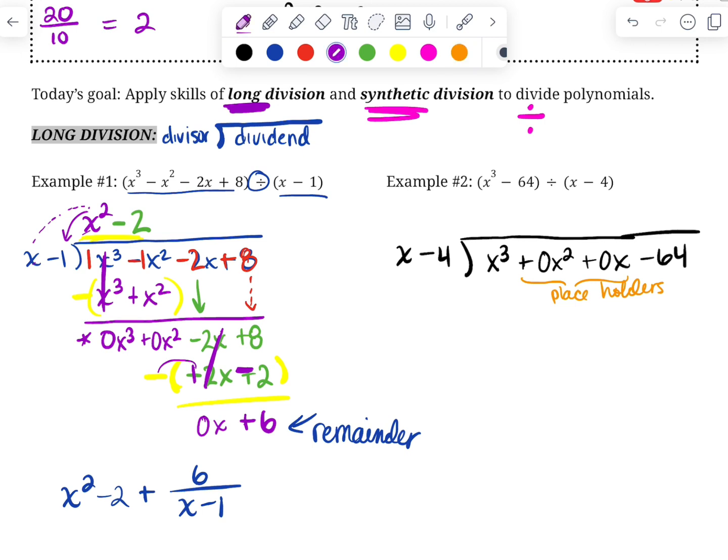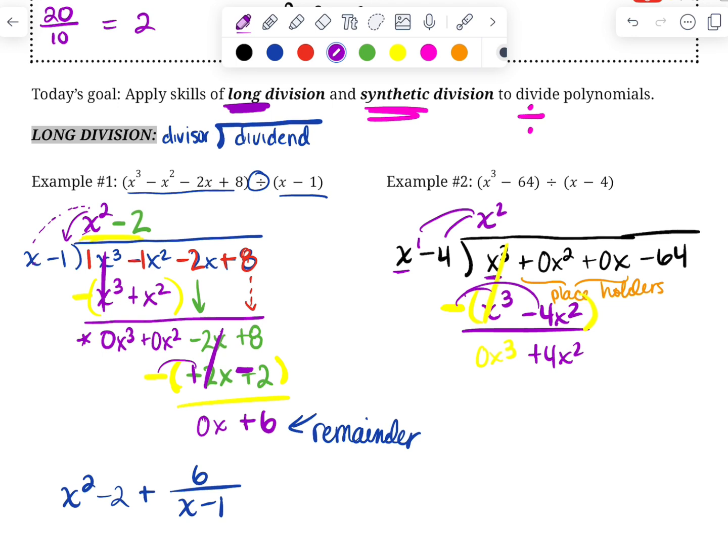So again, I'm going to think about what I can multiply x by to get x cubed. Well, x squared would do the trick, and then I distribute that, so I get x cubed minus 4x squared. And then remember, I'm subtracting everything, so I get 0x cubed, and then I get positive 4x squared because a negative times a negative gives me a positive.